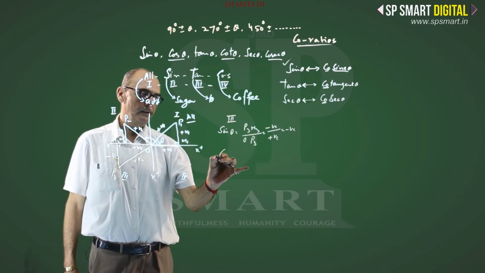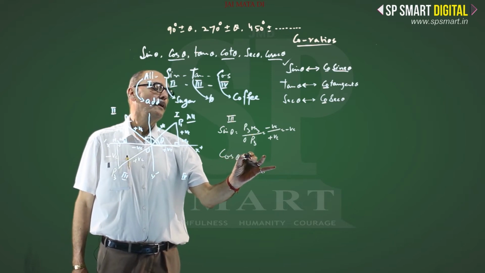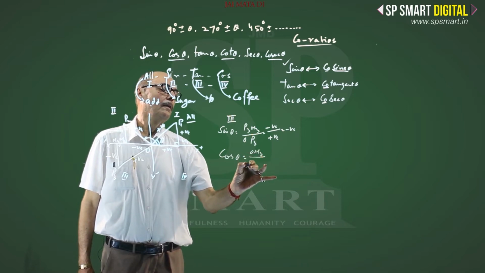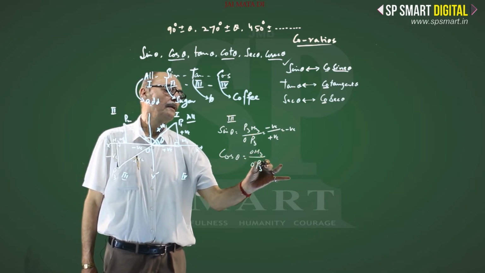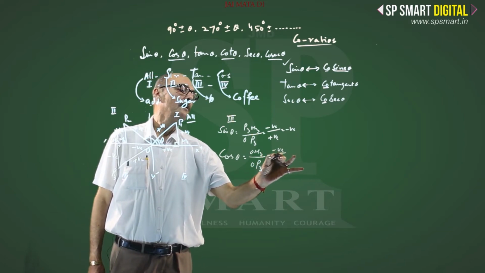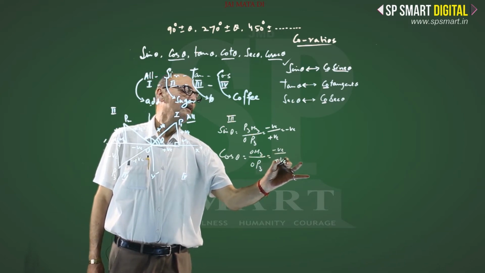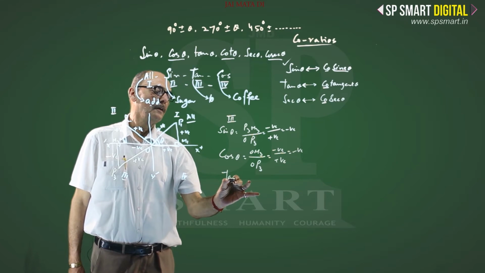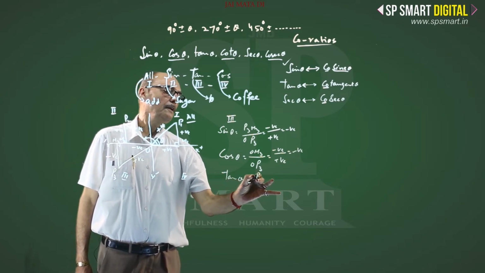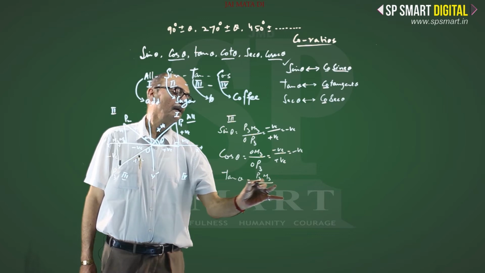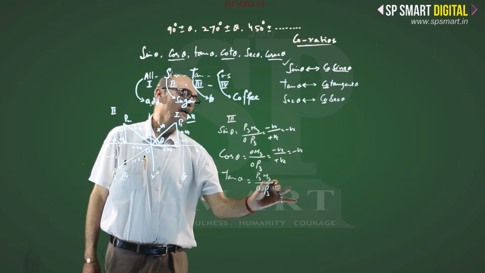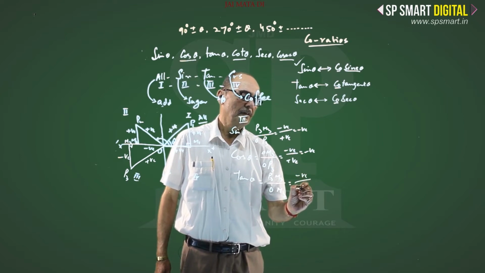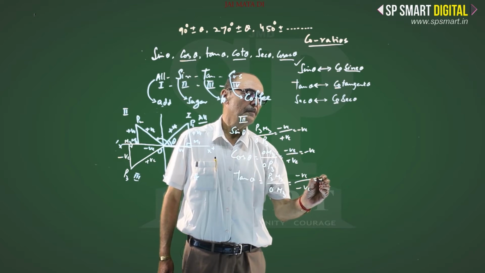Cos theta is OM3 divided by OP3. So this is negative upon positive, the result is negative. Then tan theta is P3M3 upon OP3. P3M3 is negative, this is also negative, the result is positive.